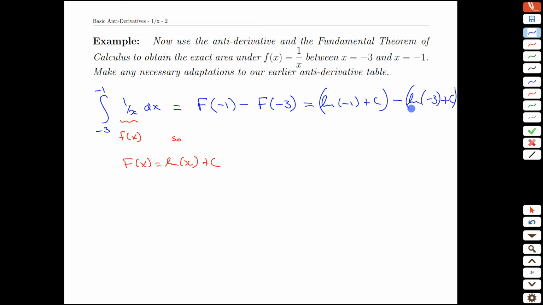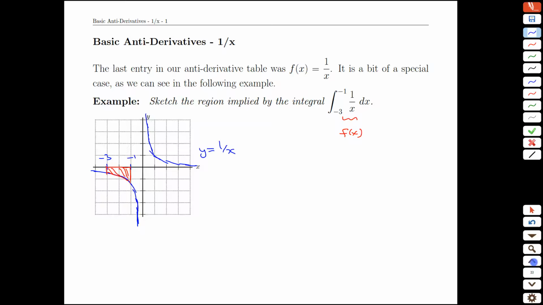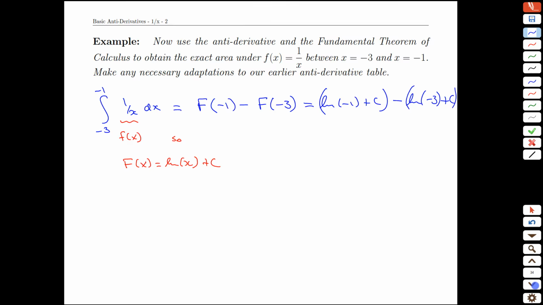Here's where we hit the snag. The ln of -1 is not actually defined, nor is the ln of -3. But this is a perfectly valid integral that I want to evaluate, so what went wrong?